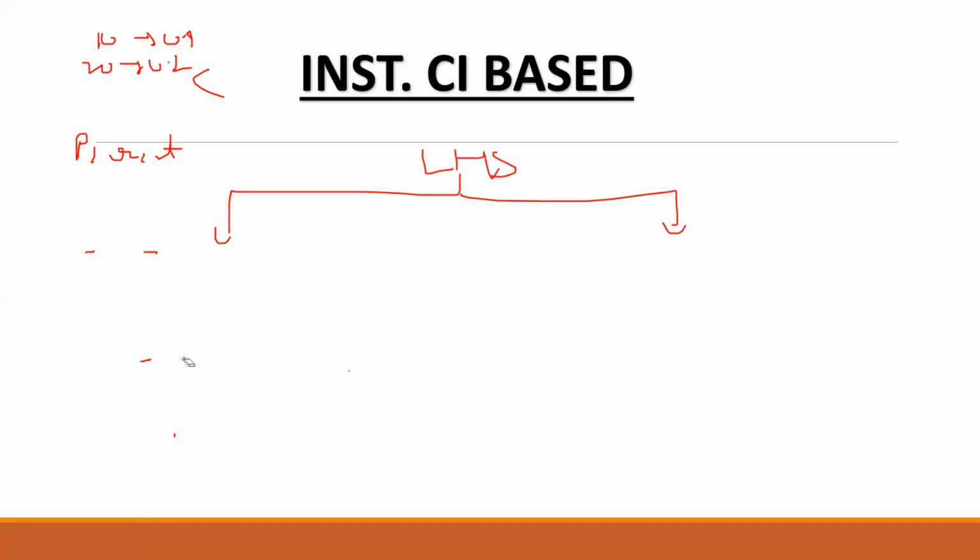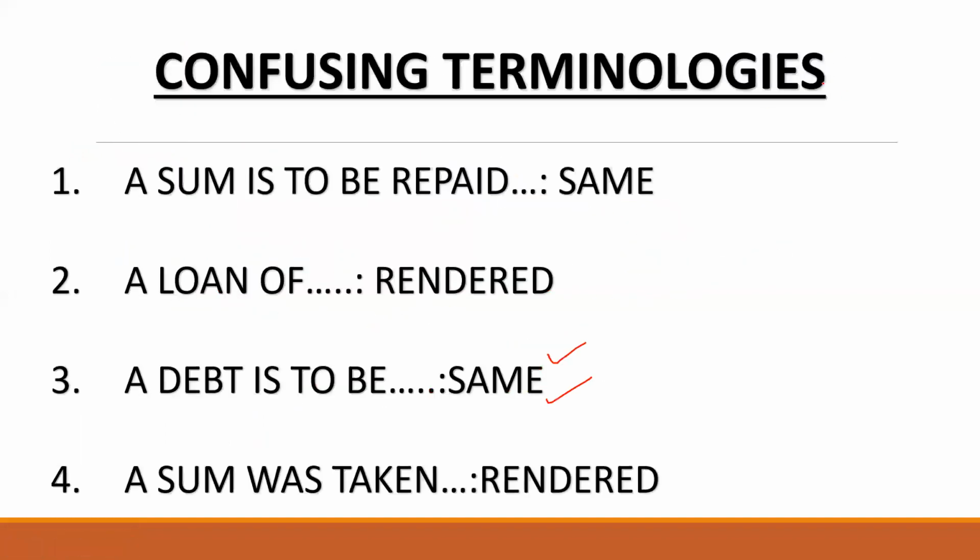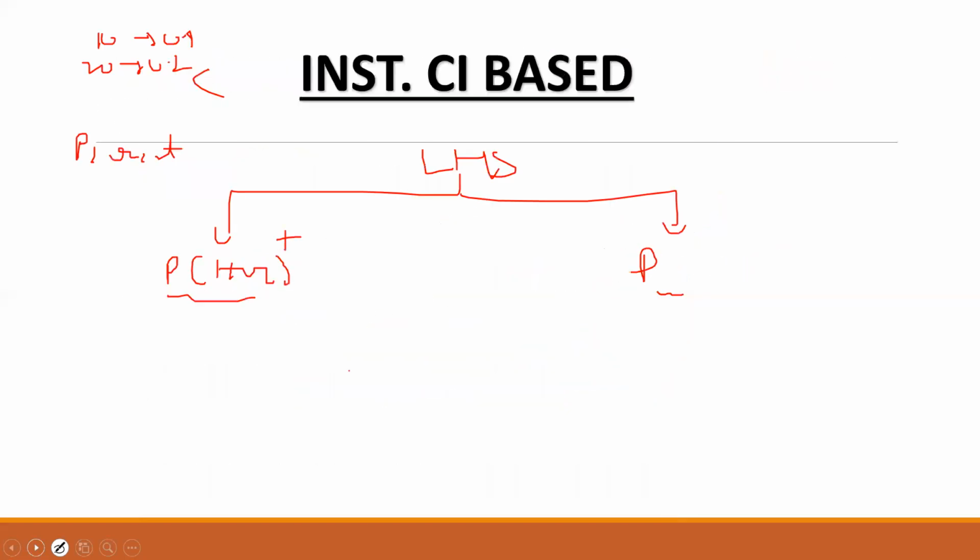Now coming back to the topic, two cases were there, 1 plus R to the power T, and the second case P. And how these two cases will be decided by seeing the form of the question. कि क्वेश्चन है क्या, मतलब बेसिकली हमें समझना क्या है, what you have to understand is that what is given in the question, is it the amount or is it the principal?